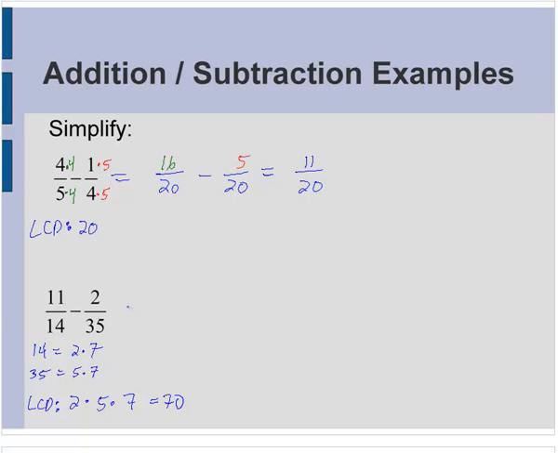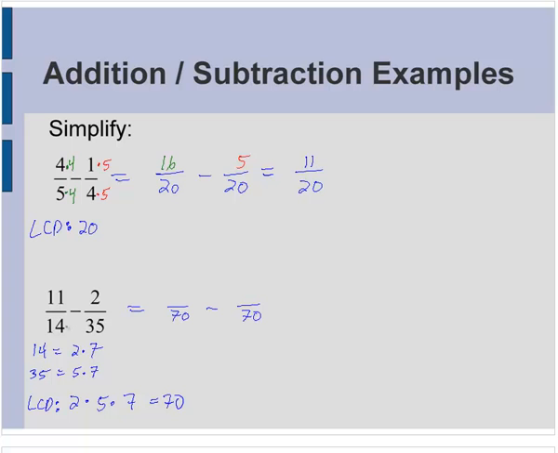So I need to rewrite these fractions as something over 70 minus something over 70. So then we say, okay, well, 14 times what is 70? Well, what's missing in the factorization of 14? We had 2 times 7, and the LCD is 2 times 5 times 7.